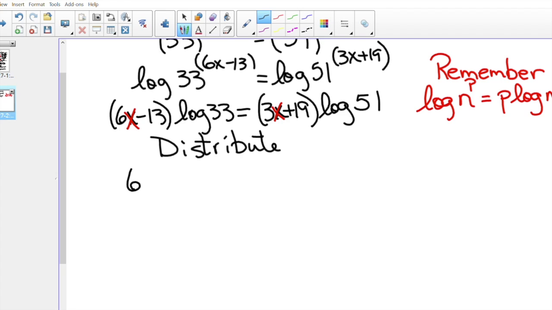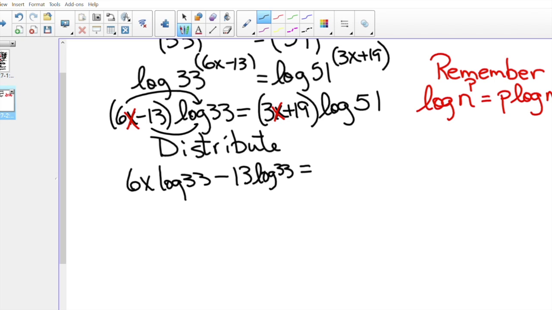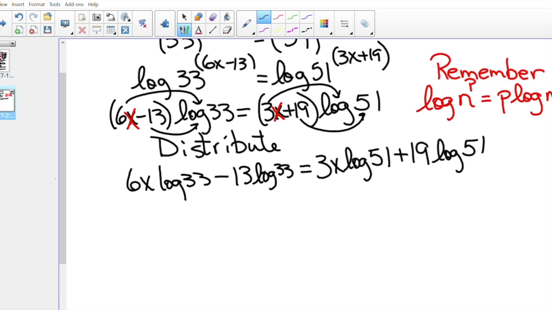That is 6x times the log of 33 minus 13 log 33 equals 3x log 51 plus 19 log 51. That's distributed.